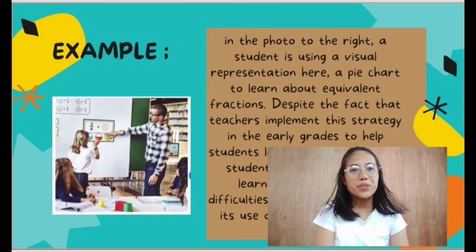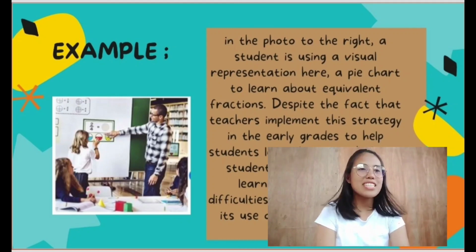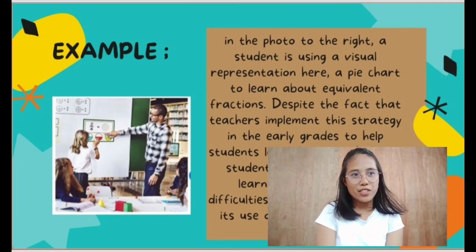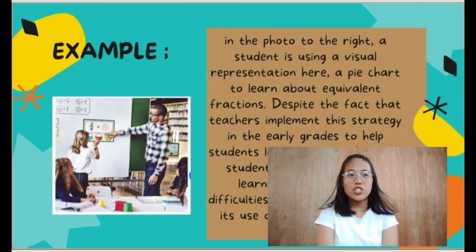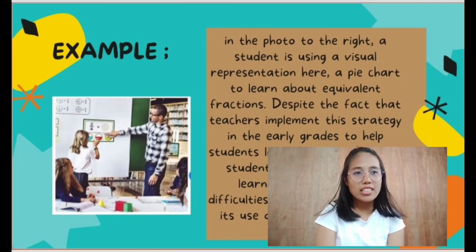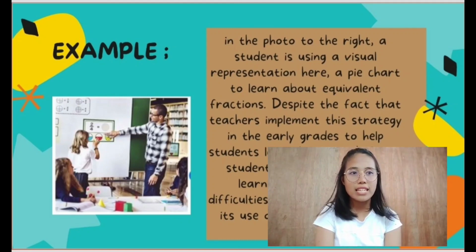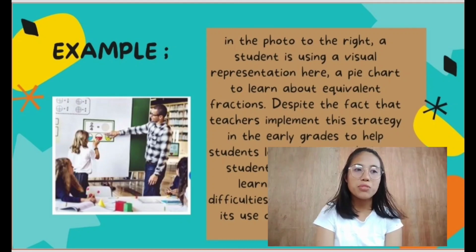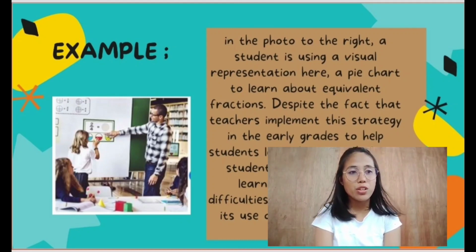In this photo to the right, a student is using a visual representation, here a pie chart, to learn about equivalent fractions. Despite the fact that teachers implement this strategy in the early grades to help students learn basic math facts, students with mathematics learning disabilities and difficulties often do not continue its use on their own to solve problems.